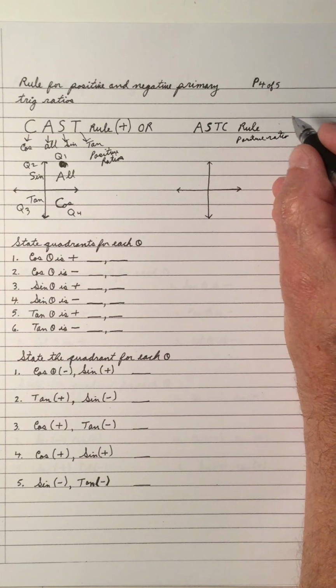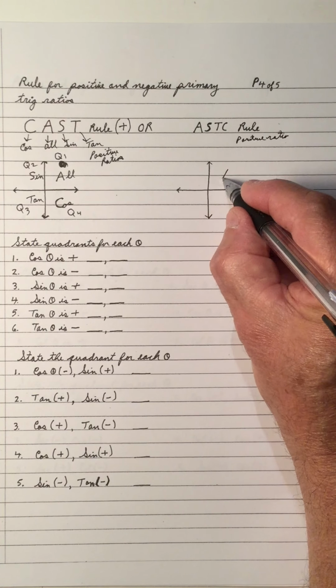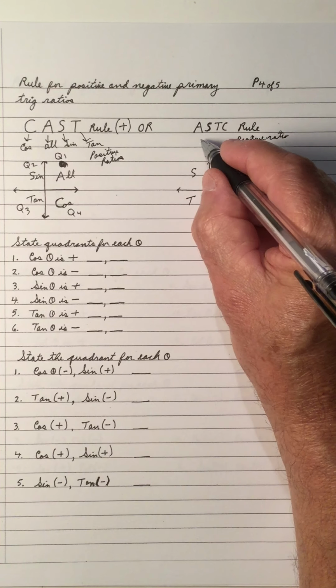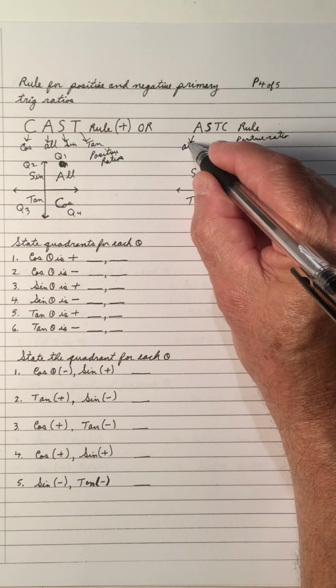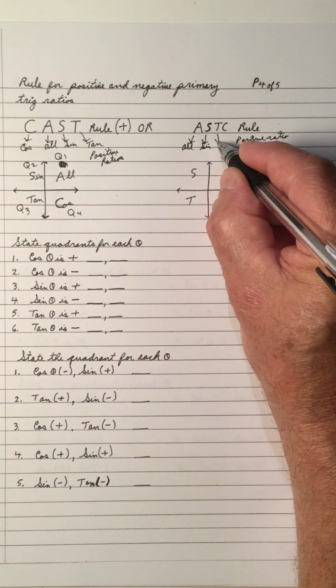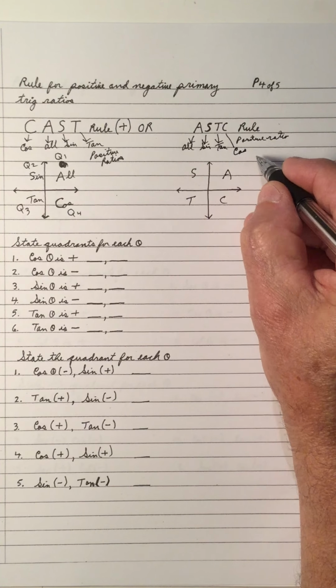But the only thing about ASTC is that the A is still all, the S is still the sine, the T is the tan, and the C is the cos, still the same.